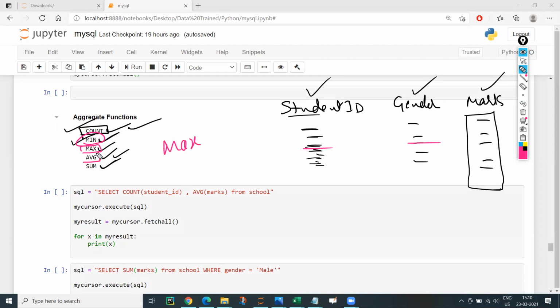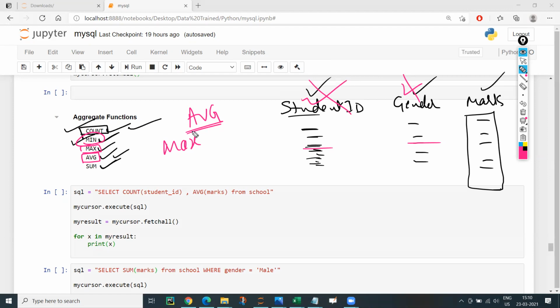Same thing with average. When I say average, I basically want to know, in our college, what the average mark is, the average marks of college XYZ. In that case, yes, I will be able to use average. I cannot use average on a gender or on a student ID because they are just identifiers given to the students.